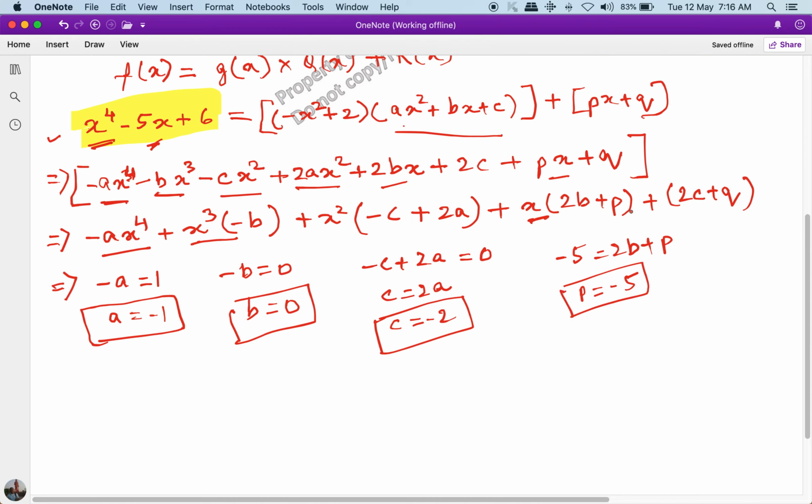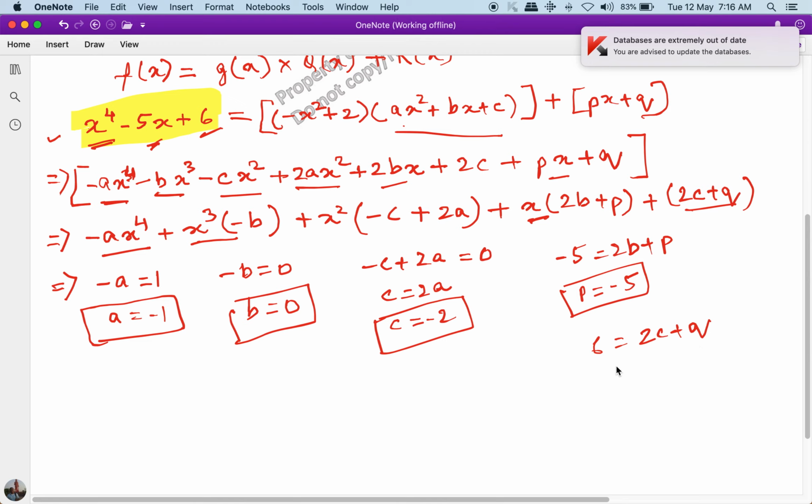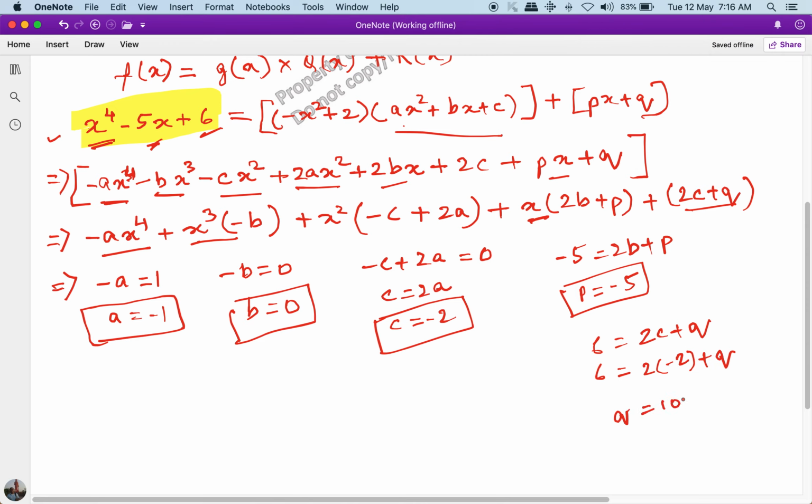And lastly, we have to find q, that is, compare the constant with the constant. So 6 is equal to 2c plus q. c we know is equal to minus 2, so 6 is equal to 2 into minus 2 plus q, or q is equal to 10.